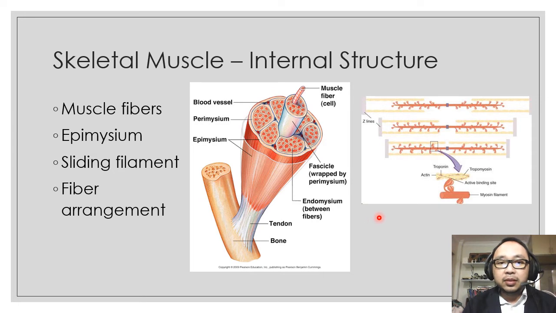I'm sure you still remember the sliding filament theory, which explains how muscle contracts. It's also important that fiber arrangement can be used to describe the shape of the muscle, like your pennate, bipennate, and multipennate muscles.